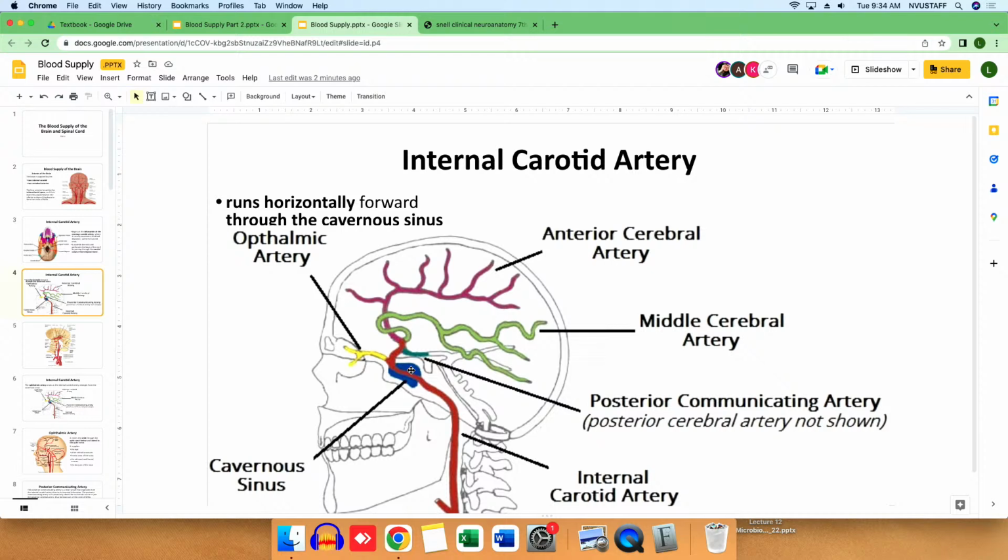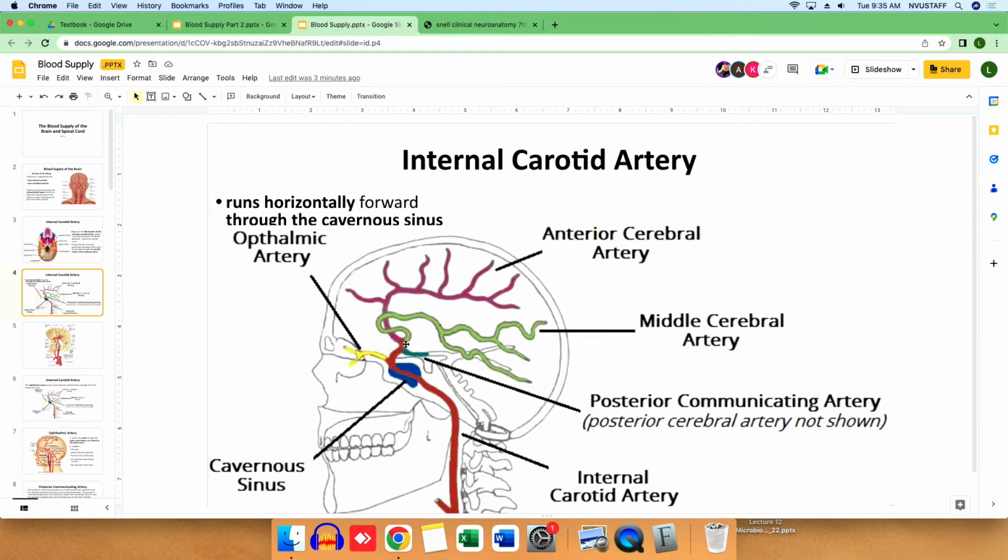But this is the structure where we have venous blood, and the artery passes through the cavernous sinus, as you can see, and gives several important branches. One of the smallest branches you can see here is passing towards the region of the eye, and it is known as the ophthalmic artery. So why ophthalmic? Because it's a short structure and mainly passes towards the eye. So that's how you name it.